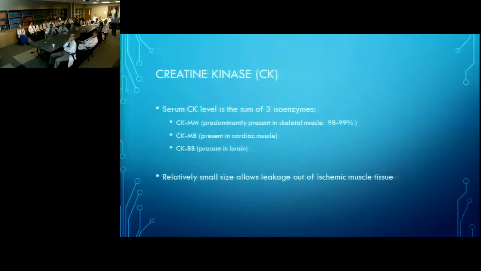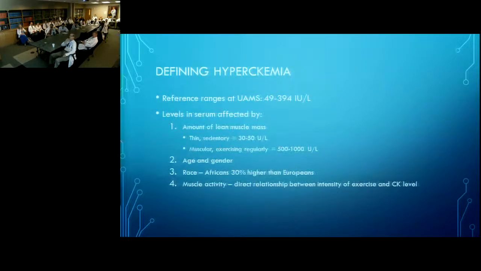In case of muscle injury, due to its relatively small size, there's an easy leakage of this enzyme out of the ischemic muscle tissue. So a precise definition of what hyper-CKemia or an elevated CK level is, is still kind of controversial at this point, because there is disagreement as to how high the levels should be in order to raise concern for an underlying disease.